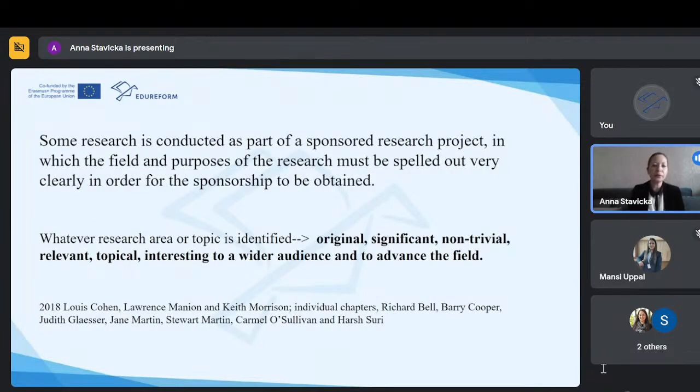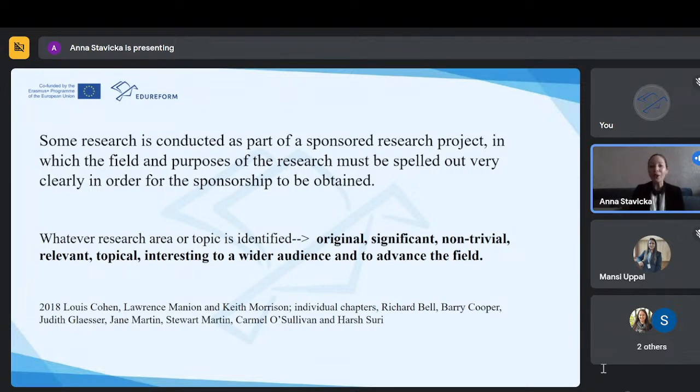Another point, which is very crucial, highlights that some research is conducted as part of a sponsored research project, in which the field and purposes of the research must be spelled out very clearly in order for the sponsorship to be attained.